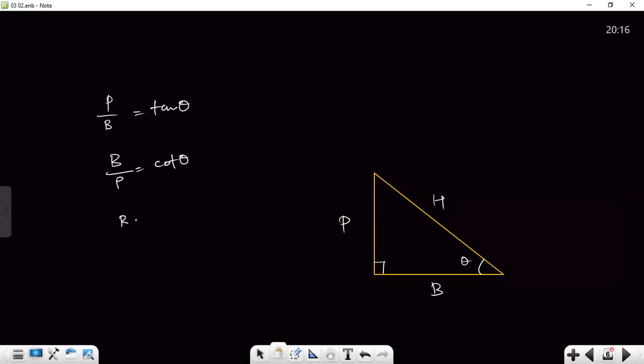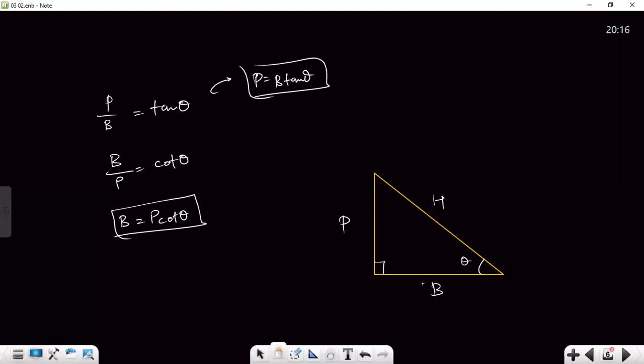So base can be written as P cot theta, and from here perpendicular can be written as base into tan theta. It is just simple, but this expression of the same formula is used directly in multiple questions. That's why I'm emphasizing this point again. Base is equal to P into cot theta.